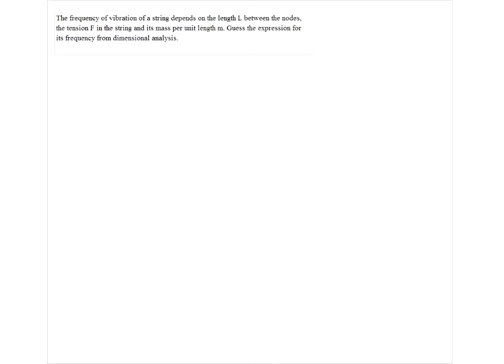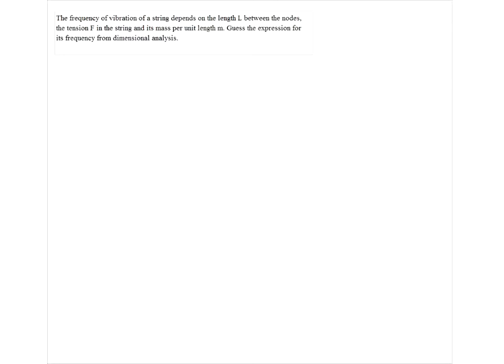Now, this particular situation comes under the sound topic. You must have seen string-based music instruments like guitar or sitar, for example. In these instruments, the string vibrates between 2 points.